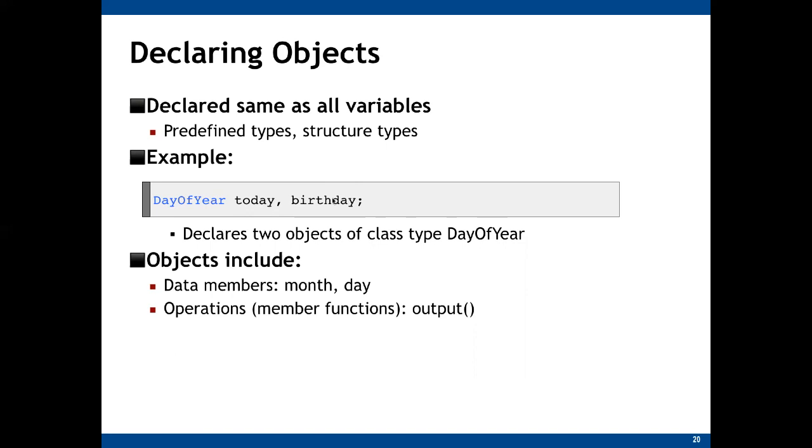And as I explained in the previous slides, an object is an instance of a class and it is a concrete thing. So it holds data in member variables and its behaviors are given in the member functions defined in the class definitions. So an object includes data and operations.